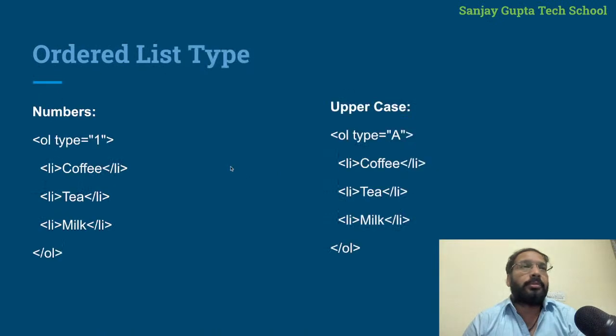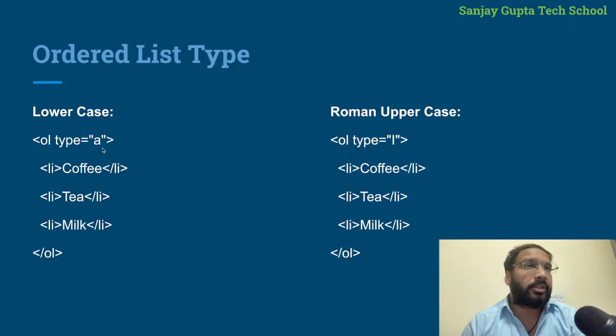This way, if you want to have different types, here we have type equals to 1, so 1, 2, 3 will be there. Type equals to A, so ABC will be there. These you can try whenever you will be practicing. If you want to start with small a, you can define type as small a. If you want to start with Roman uppercase I, like 1 2 3 4 in Roman, you can start it with that as well.